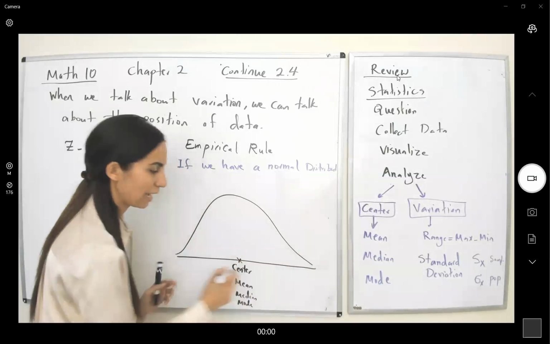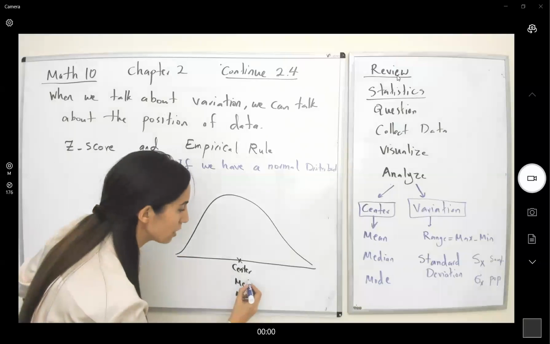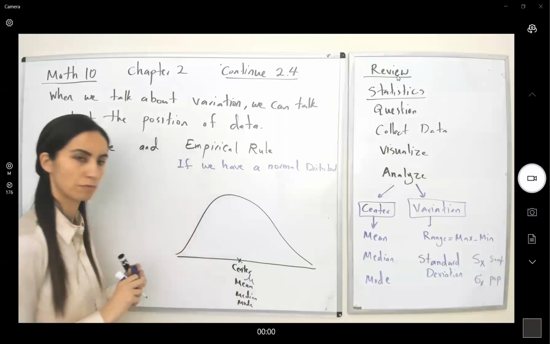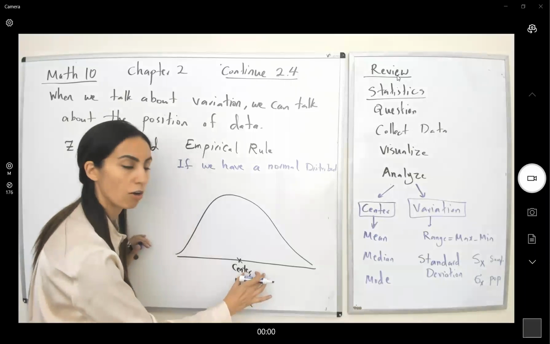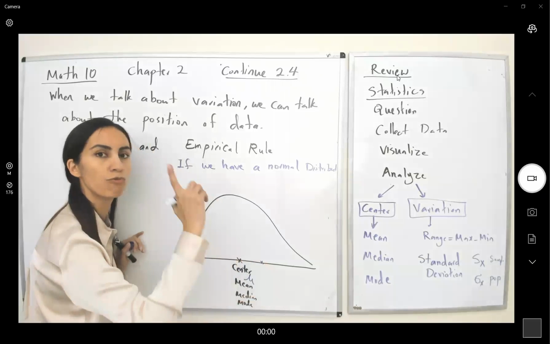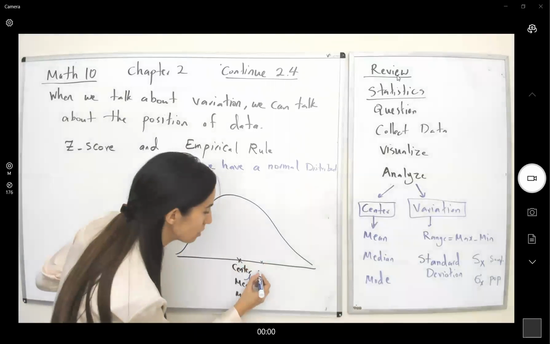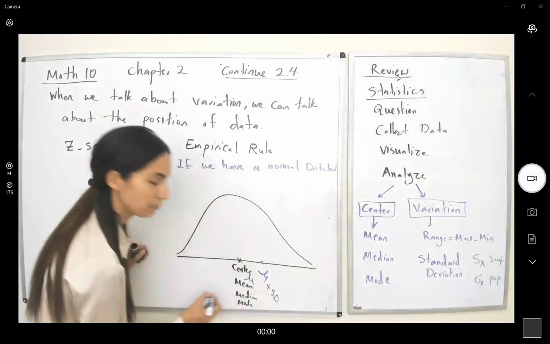Suppose the center or the mean is mu. On the right-hand side of mu, you can scale it to 1 standard deviation. So this number here is mu plus 1 standard deviation.